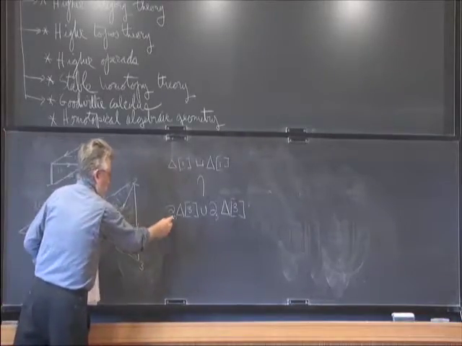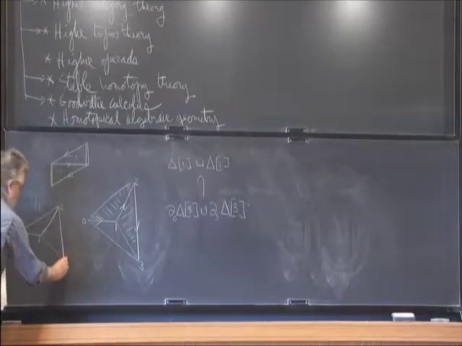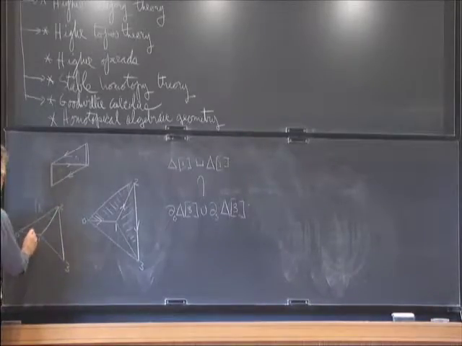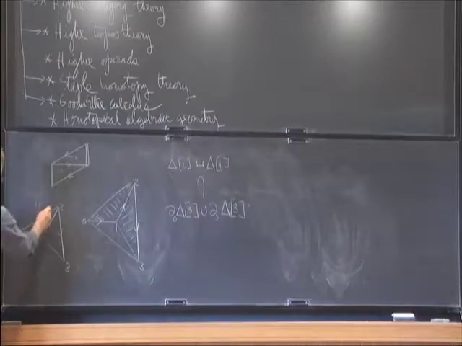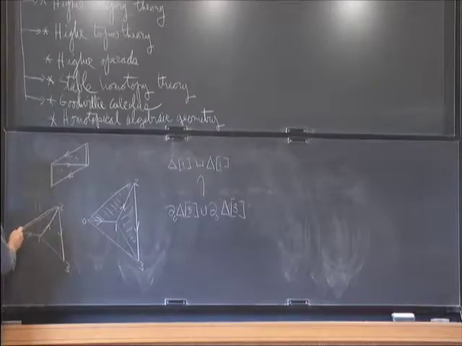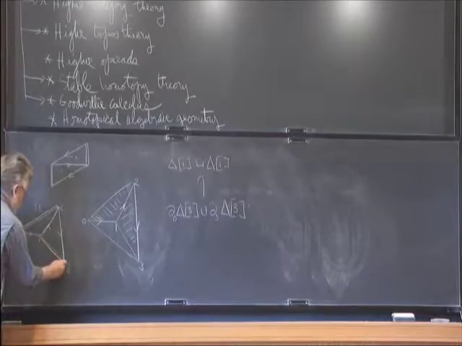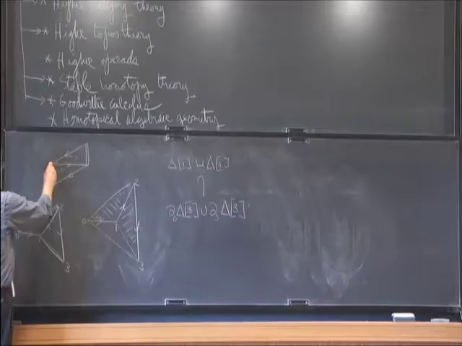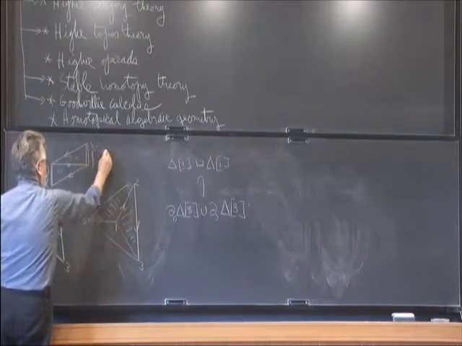In this picture here, what we have is 0, 1, 2, 3. And we have this, and this, right? Now, I want to take this edge and squeeze it to a point. And I want to take this edge and squeeze it to a point, so as to get this picture. So there is an identification here to a point.